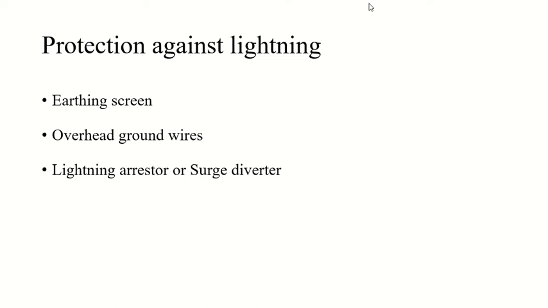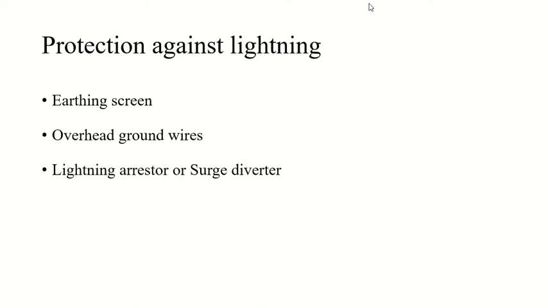And for that purpose, we use three types of protection devices. First one is called the earthing screen, second one is called overhead ground wires, third one is the lightning arrestor or surge diverter. If you are not familiar with them, let me give you a small glimpse, and then we will be discussing each of them in detail today.